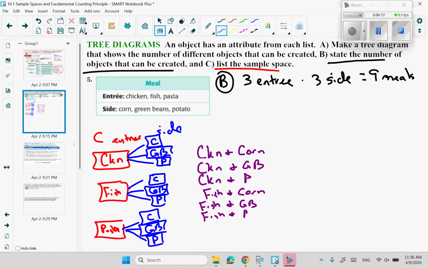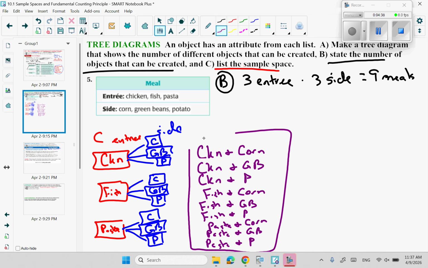I could go pasta and corn. I could go pasta and green beans. I could go pasta and potato. Which gives me 1, 2, 3, 4, 5, 6, 7, 8, 9 total possibilities, which makes sense because that was what we said earlier. We get 9 meals. So that is all about listing the sample space.